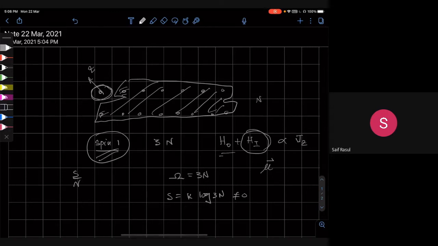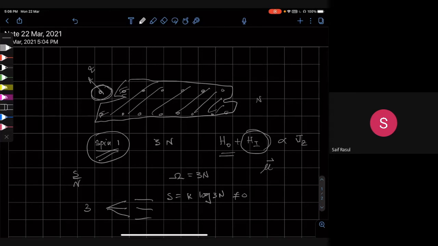That means for each of these particles, of the three degenerate ground states, there will be a little bit of a splitting, and this will happen with all those particles.